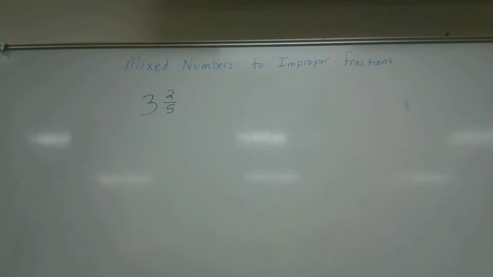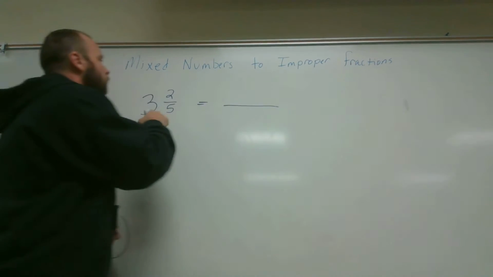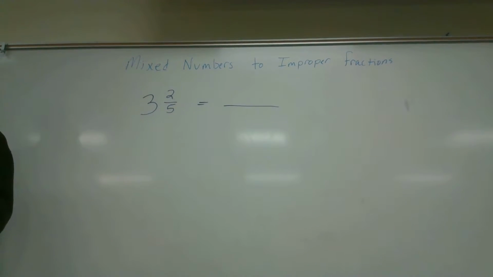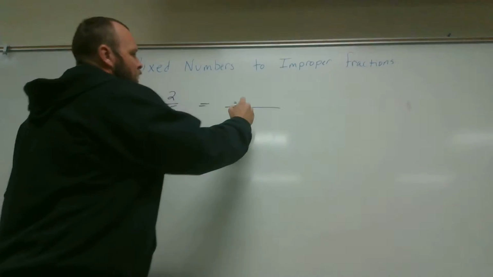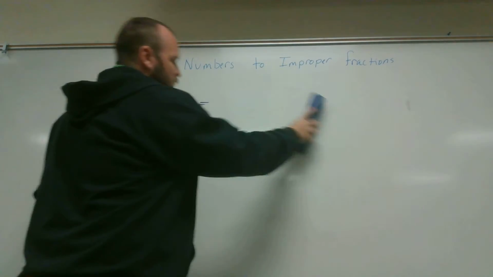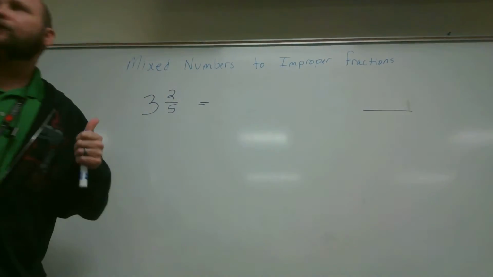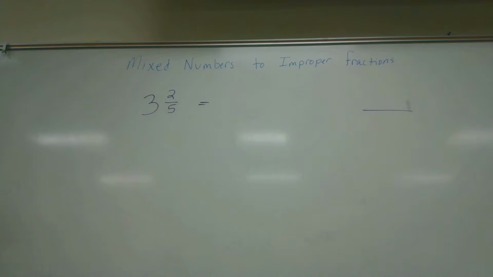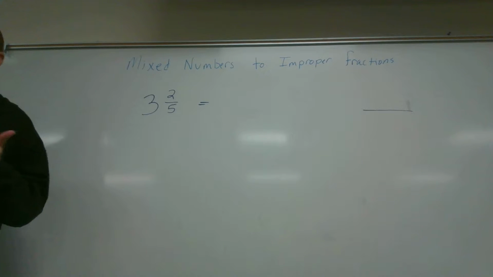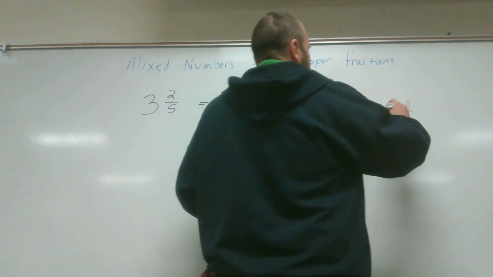If you follow the process to change from a mixed number to an improper fraction, your denominator is always going to stay the same. So let's write this over here more to the side. This is our process every time. If they give you a mixed number and they say change it to an improper fraction, you're always going to keep the same denominator.